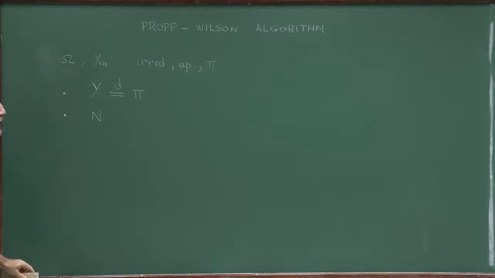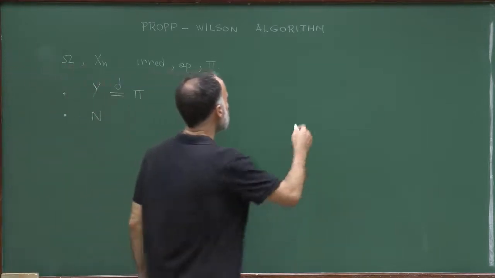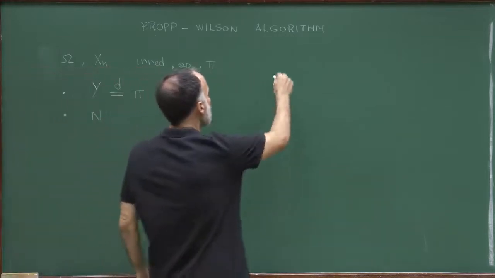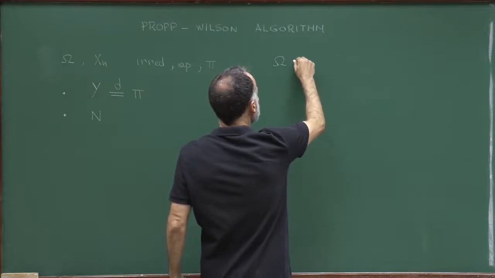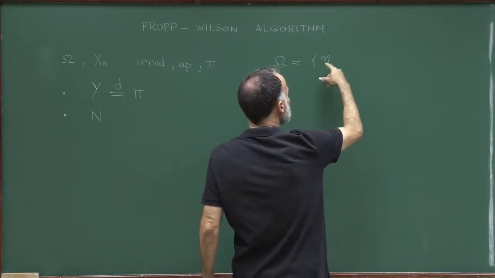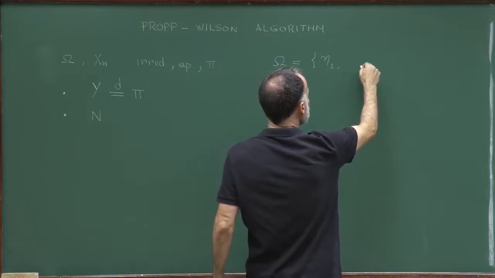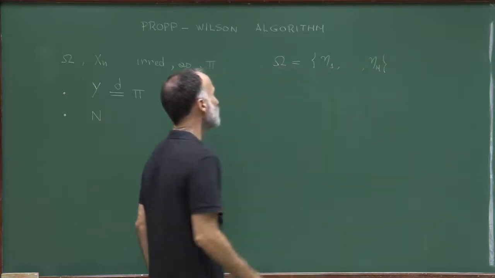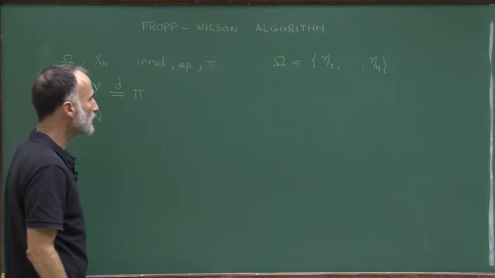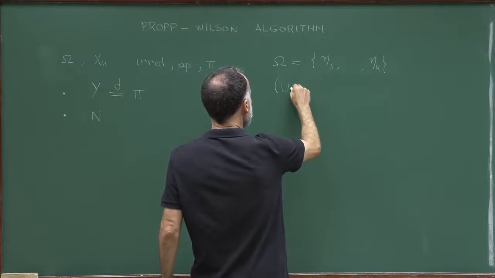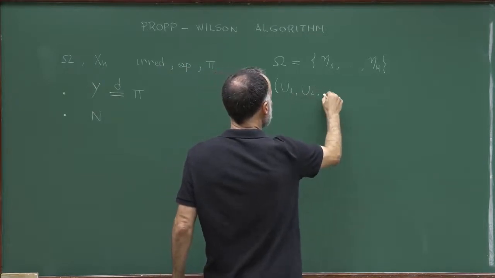So let me fix the notation. So we have this state space, omega. Omega has, let's say, elements represented by eta_1, eta_2, up to eta_m. So the total number of elements of omega is equal to m. And we have a sequence U_1, U_2, and so on.